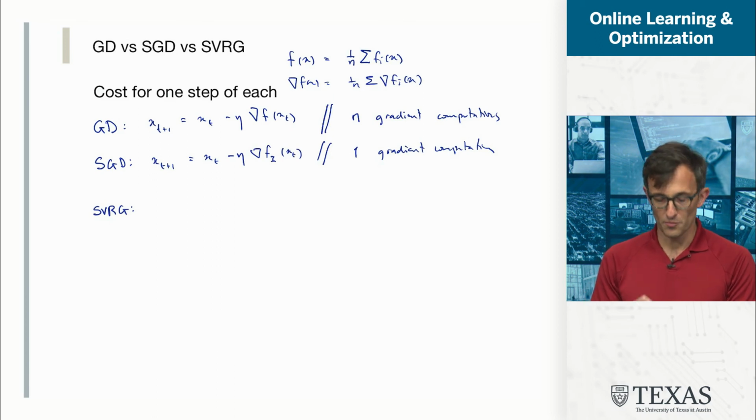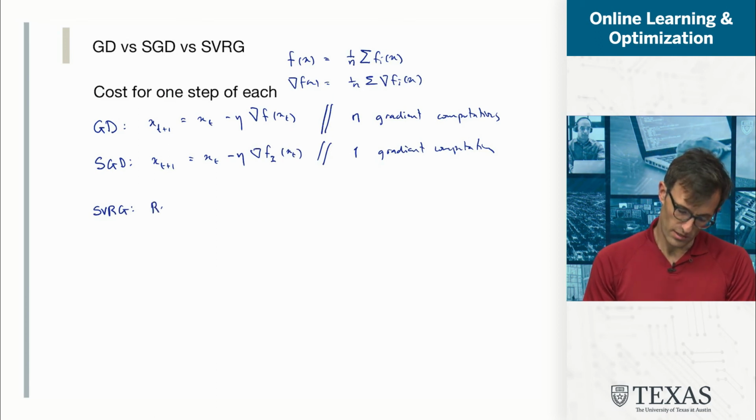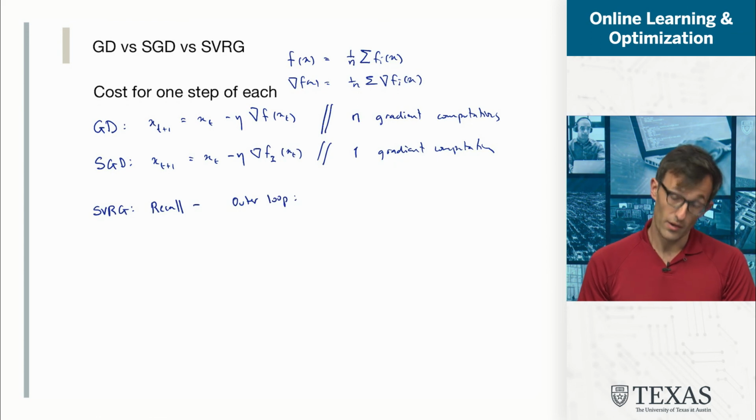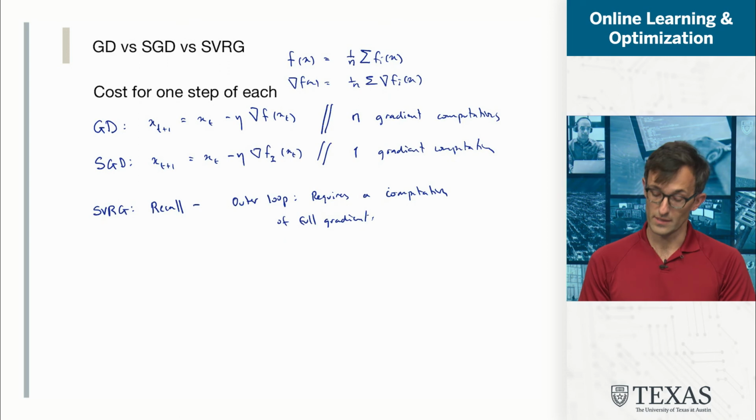Now, what did the outer loop require? So recall that SVRG, the outer loop requires a computation of the full gradient, and that means, just like gradient descent, n gradient computations.